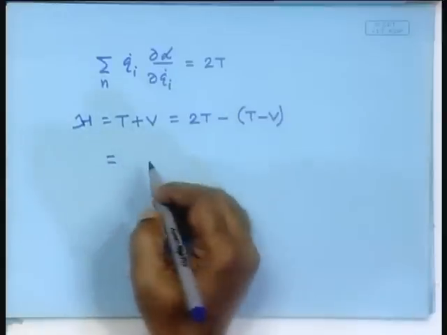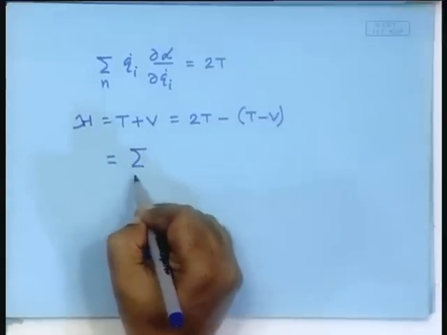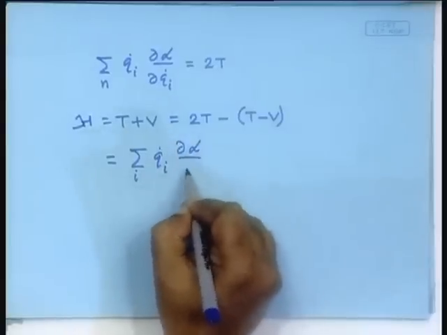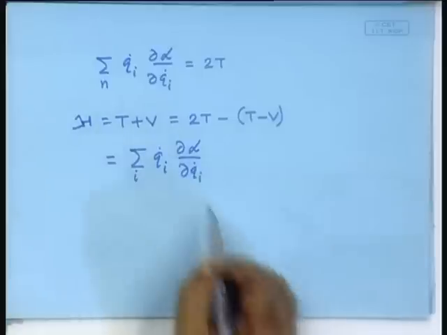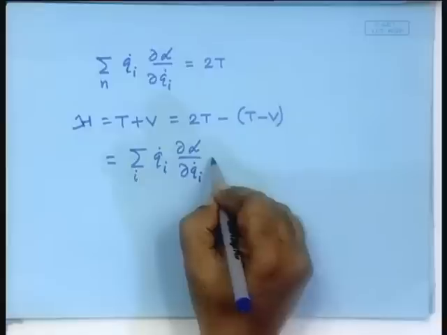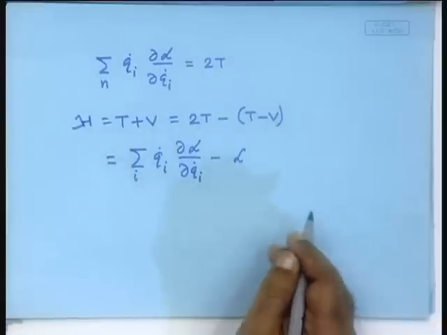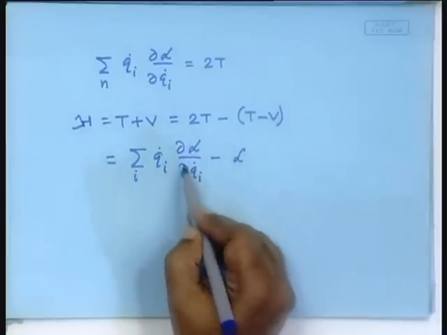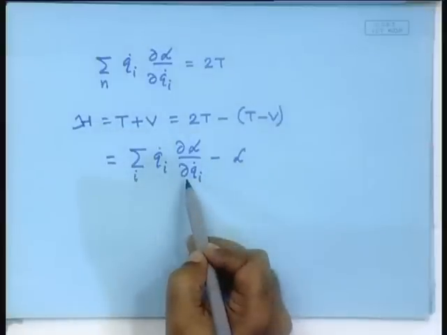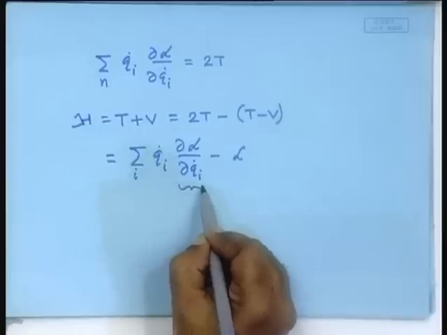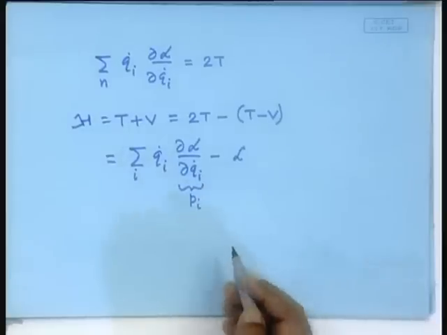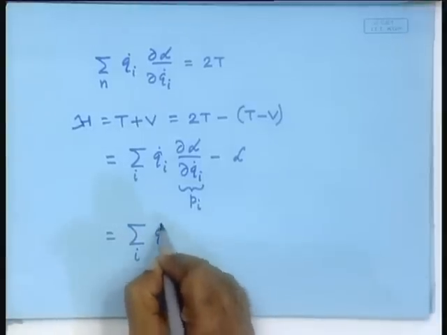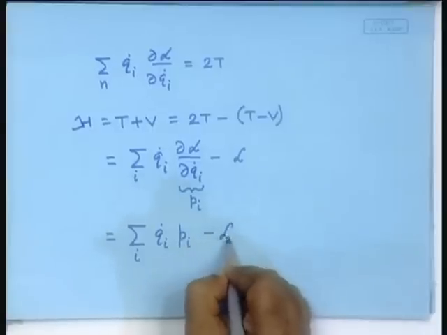So, substitute, you get the sum over i of q_i dot times the derivative of the Lagrangian with respect to q_i dot, that is the twice T term, minus the Lagrangian itself. And this term also we know what it is, the p_i. This term is nothing but p_i. So, we can write the sum of q_i dot p_i minus L on the right hand side.